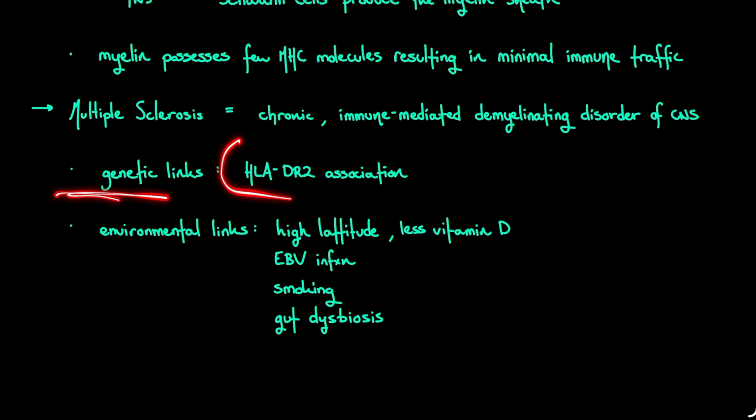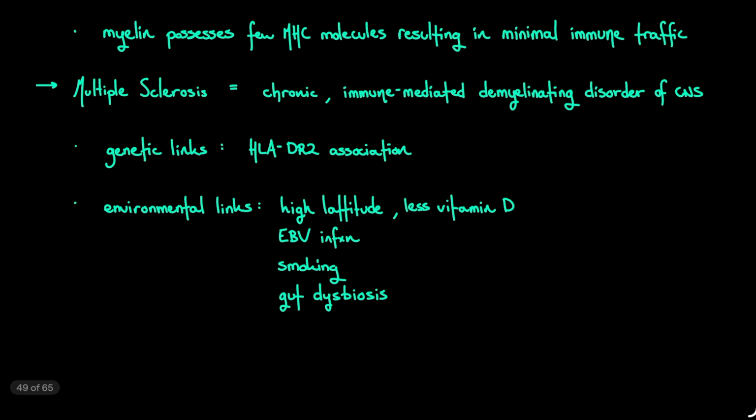All right, so what are some of the links? Genetically, we have HLA-DR2 associated. Again, not a smoking gun, but these HLA genes say, hey, increased susceptibility. Environmental links: there is certainly what we call a latitude gradient to this disease. Higher latitudes, less vitamin D, more likelihood of multiple sclerosis. Also, EBV infection, kind of like another case of molecular mimicry.